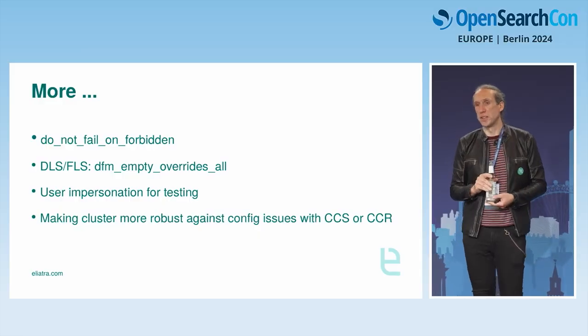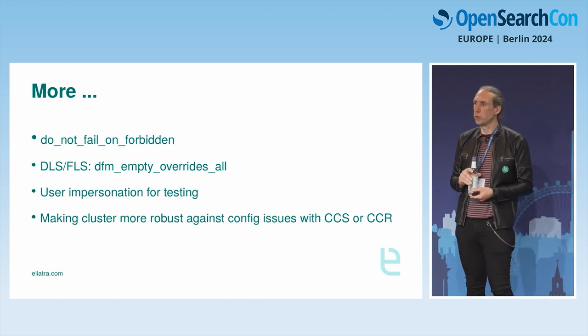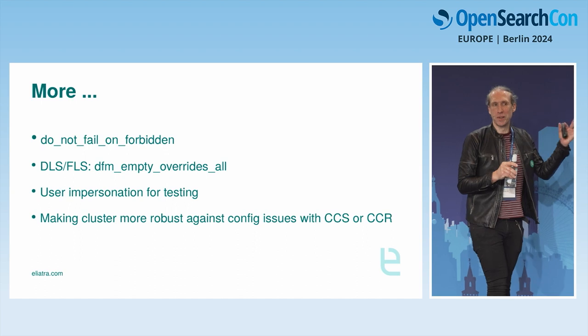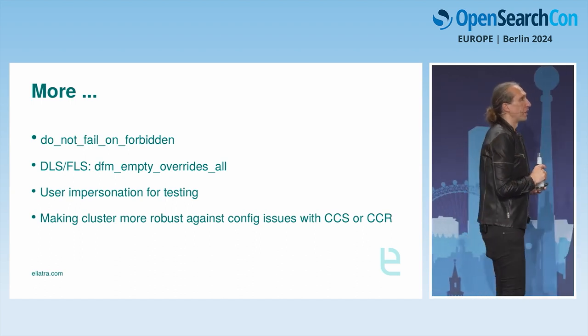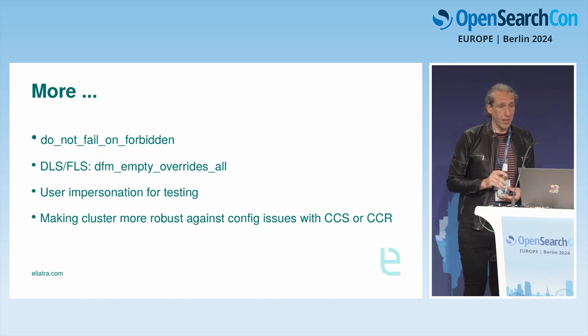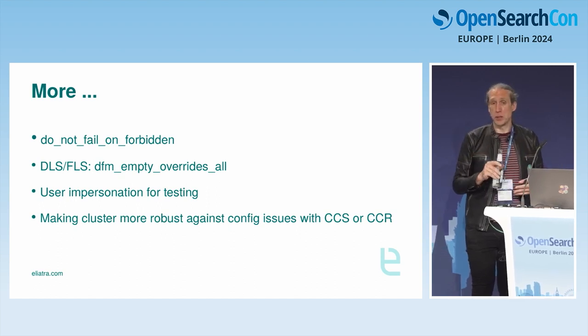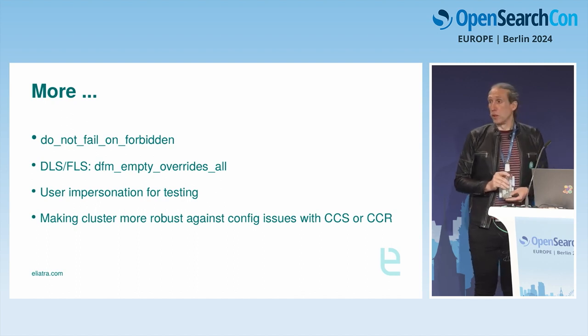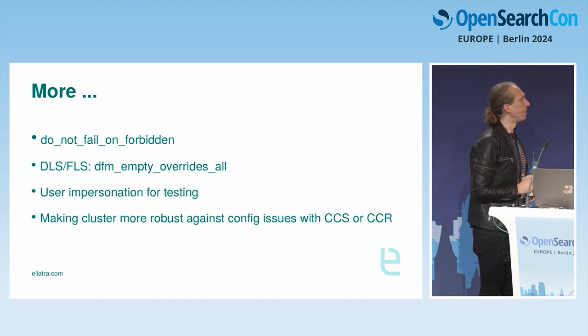Cross-cluster search and cross-cluster replication are quite useful. Sometimes you're wondering what these are actually for. But one use case is really making your cluster more robust against config issues. We won't talk about these in this session, but if you want, we could talk about it afterwards. Just come up to me.